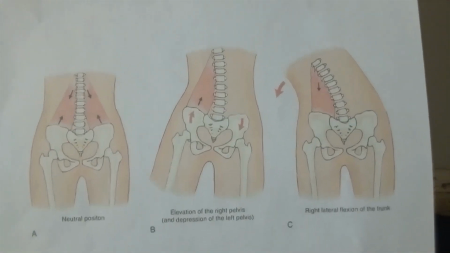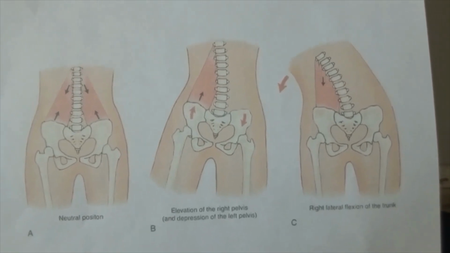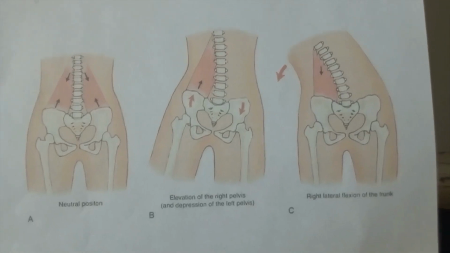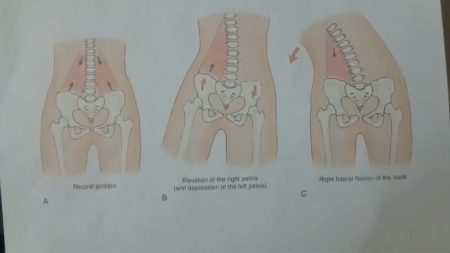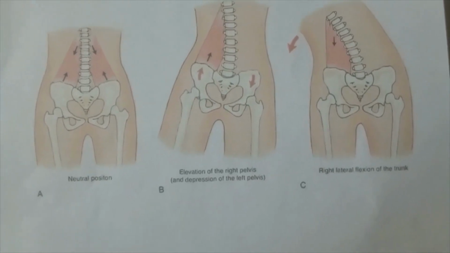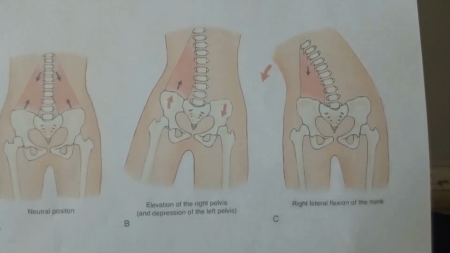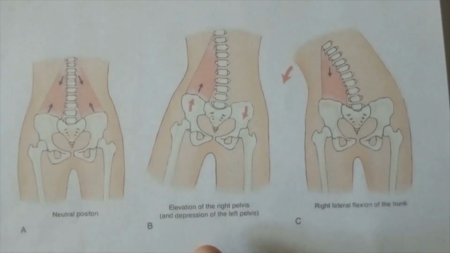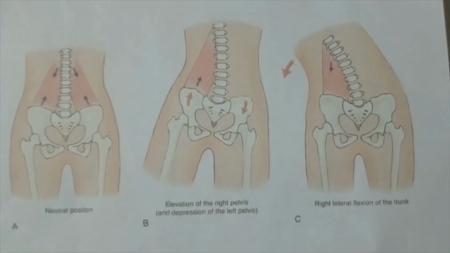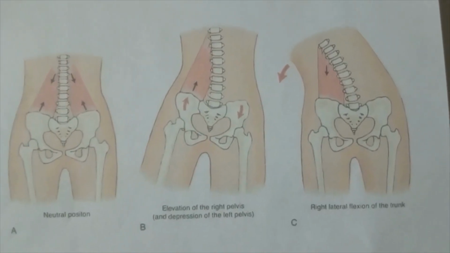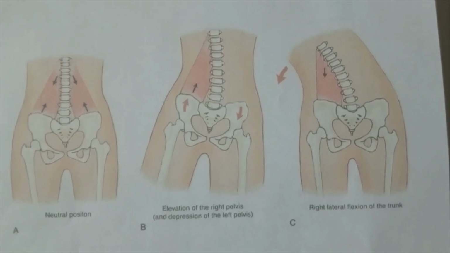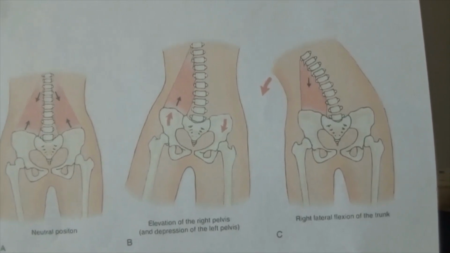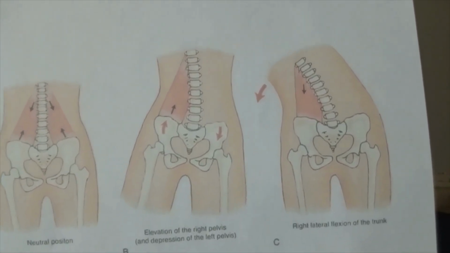But of course, more often than not, QL tightness will occur on one side only, due to our tendency to hold the body in a slightly tilted position, causing an imbalance between the two QL muscles. So when we stand regularly, or even sit regularly, with our weight shifted to one side, the muscles will adapt, causing them to become too long or too short.